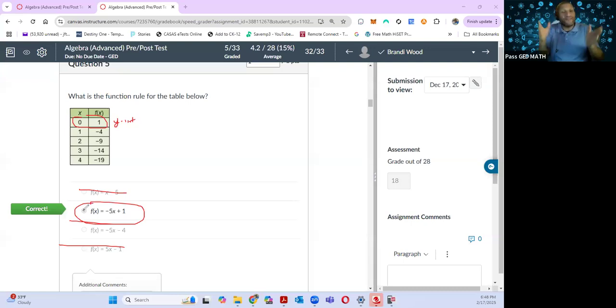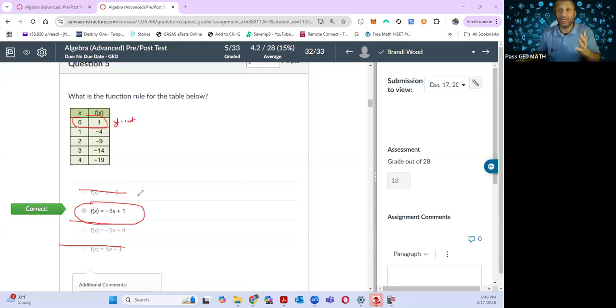Why? Because I identify what I know first. I know when x is 0, that's my y-intercept, so my y-intercept is 1. When I look at these equations, my y-intercept here is -5, here is -4, and here is -1. I'm done. I don't even have to do anything else.